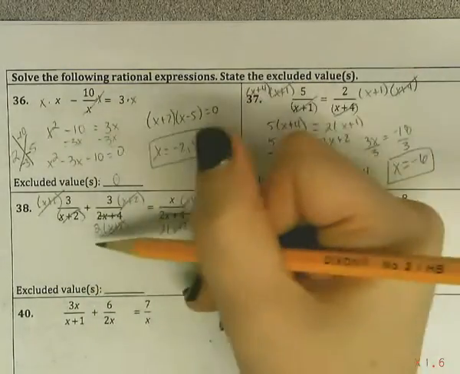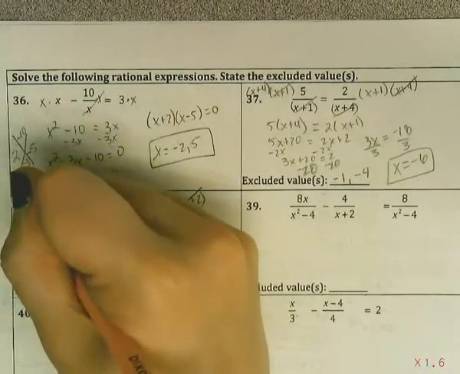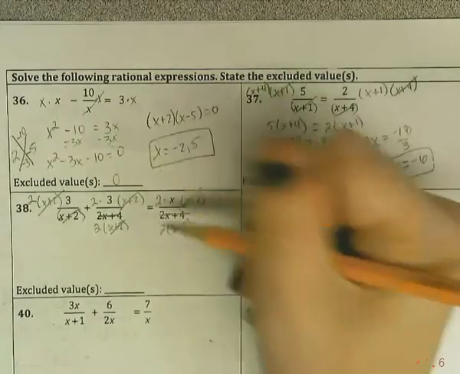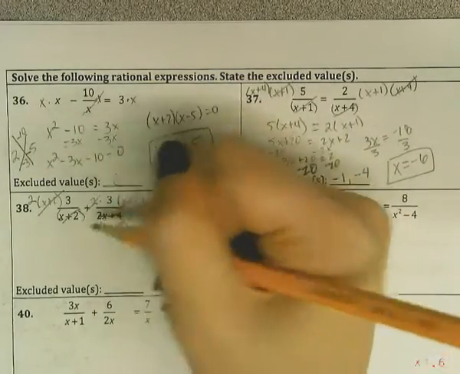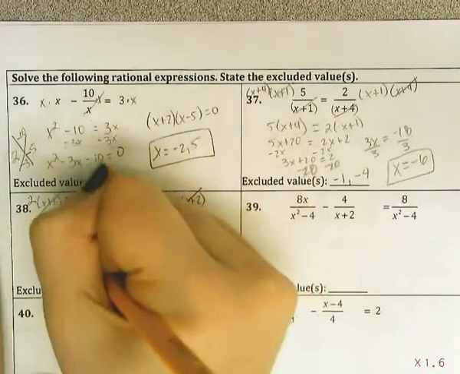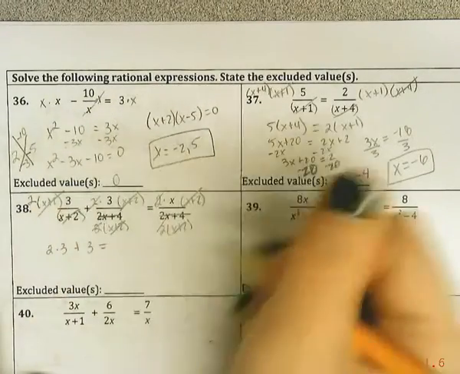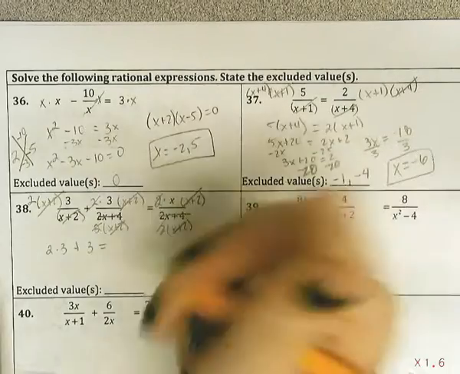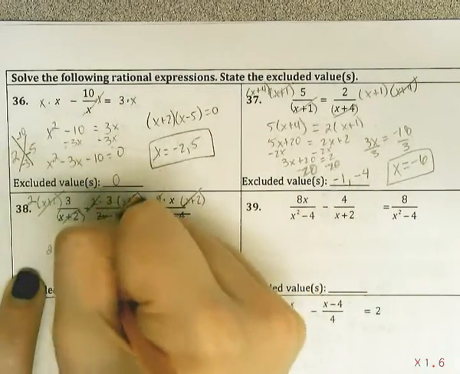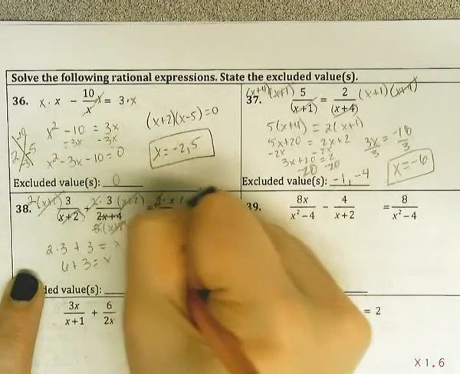Now the only thing I have left in the denominator is 2, so I'm going to multiply everything by 2. Times 2, times 2. That marks out, so does that. So I'm left with 2 times 3 plus 3 equals x. 2 times 3, I get 6 plus 3 equals x, or x equals 9.